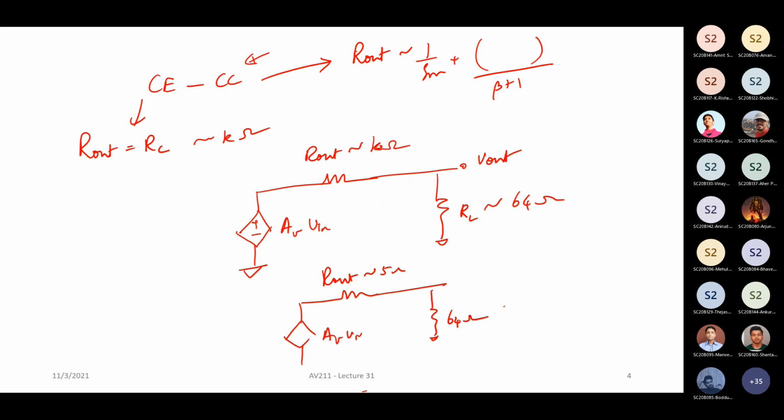So it is not practical; if you take a common emitter and directly connect it, you will have to burn a lot of current and you'll run into headroom issues and so on. This is why you use a common emitter amplifier to provide the gain and a common collector to provide a gain of slightly less than 1, but it will be able to drive your low impedance load.